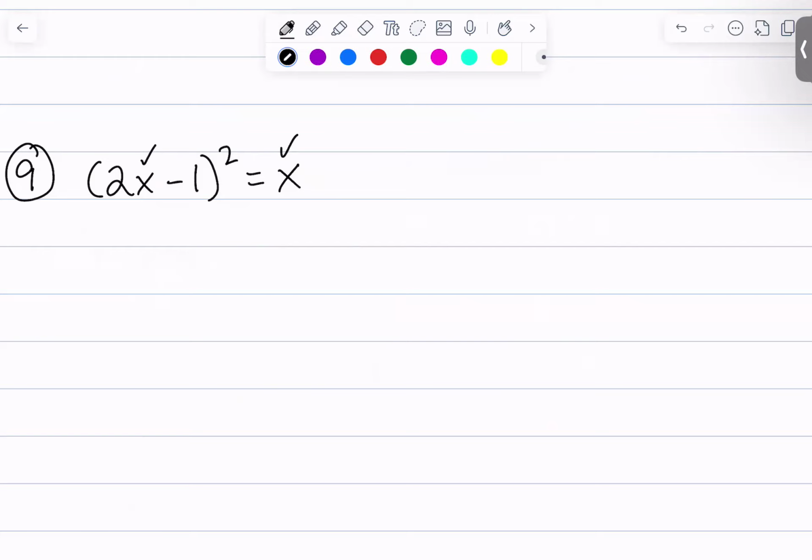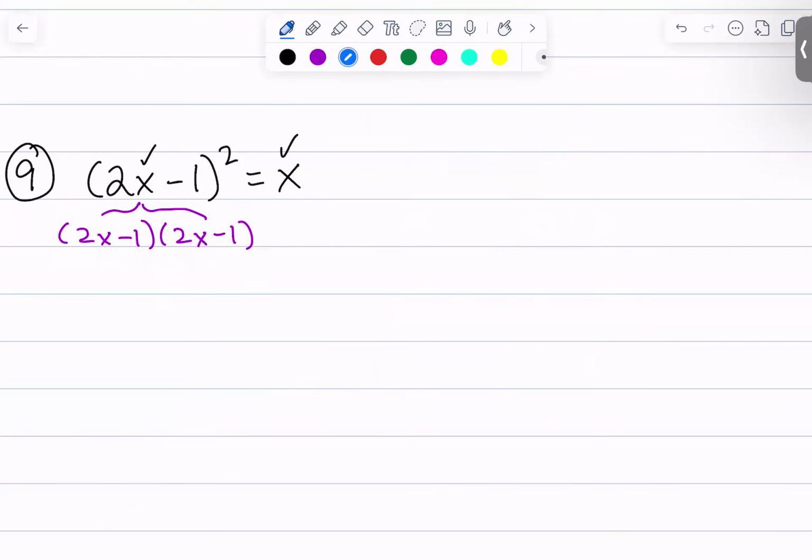So this one is a little funky. So what I'm going to do here is I'm going to expand this guy out, my left-hand side. If I multiply it out, we can use our special form or just FOIL it out.